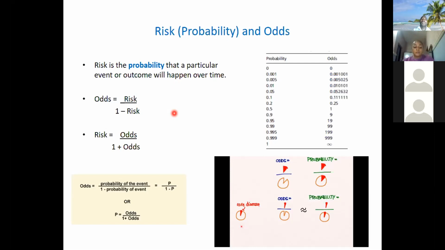Because one thing with probability is that it is usually futuristic. Odd is either futuristic or past. You get to understand that later. So I want you to talk in the workshop. If the probability that it will rain today is 0.6, what is the odd that it will rain?